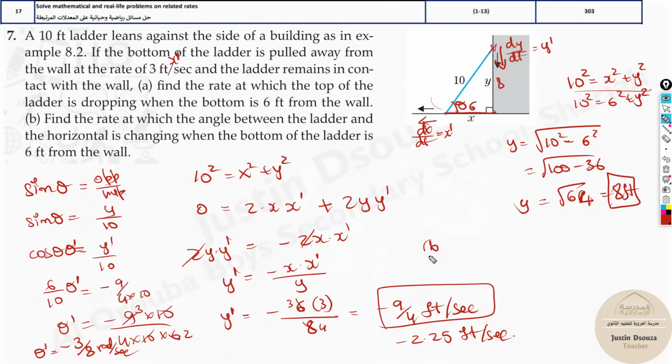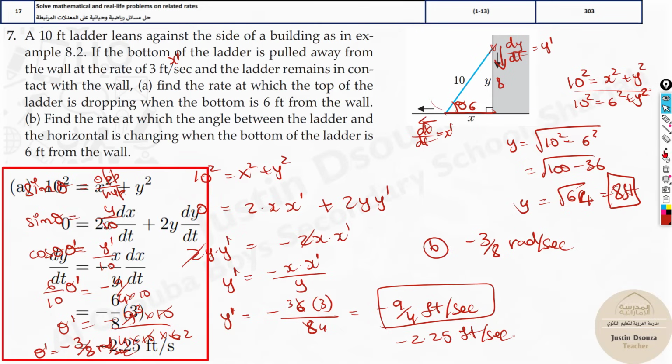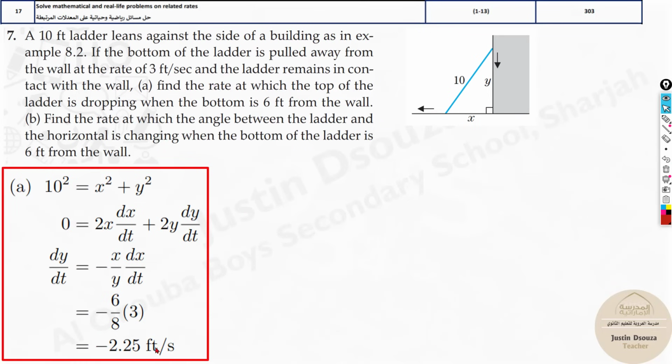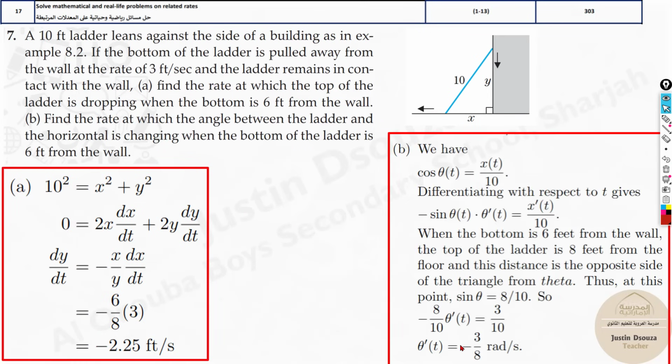The B answer would be minus 3 by 8 radians per second. That's the correct answer. You can put it in the calculator for the decimal form as well. So you can see that's how we do this problem. The first part we got was negative 2.25, and the next one was negative 3 by 8 radians per second.